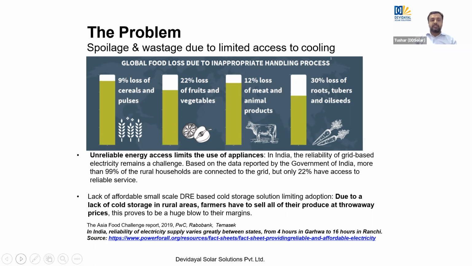So 9% loss of cereal and pulses, 22% loss of fruits and vegetables, 12% loss of meat and animal products, and 30% loss of roots, tubers, and oil seeds. So in India and in a large part of the developing world, lack of affordable, small-scale, DRE-based cold storage solutions limits farmers' options. So basically, farmers are either selling their product at throwaway prices, or losing product due to spoilage and wastage, and in both cases, losing on margin.